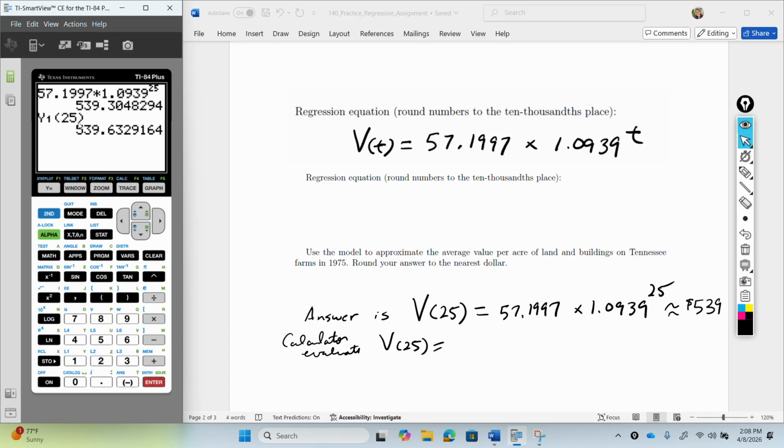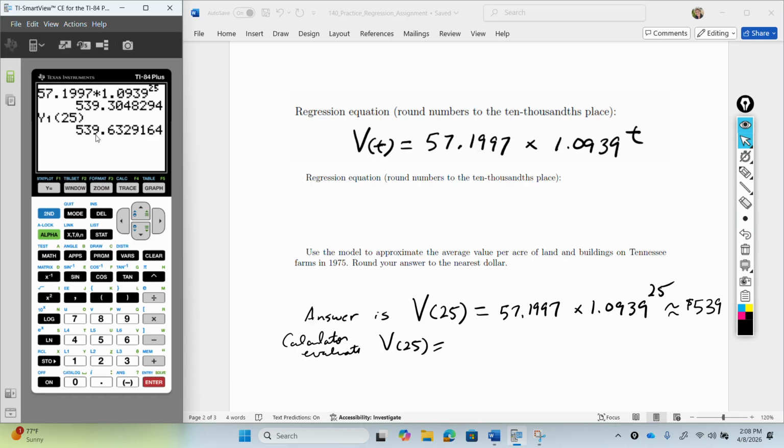It's putting 25 into the original equation, which used a lot more than 4 decimal places. With that one, if I round to the nearest dollar, you can see it's a 0.6 something. With the first one, when I just plugged 25 in, it was 539.3, so rounded to the nearest dollar it was $539.